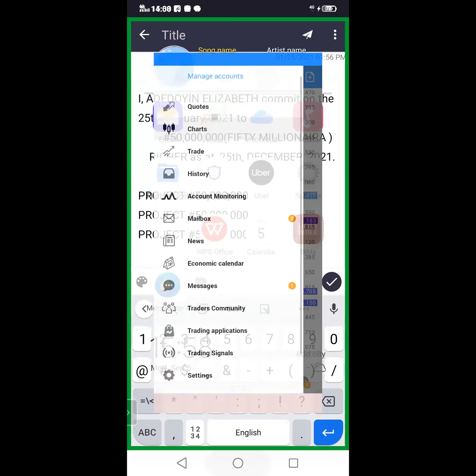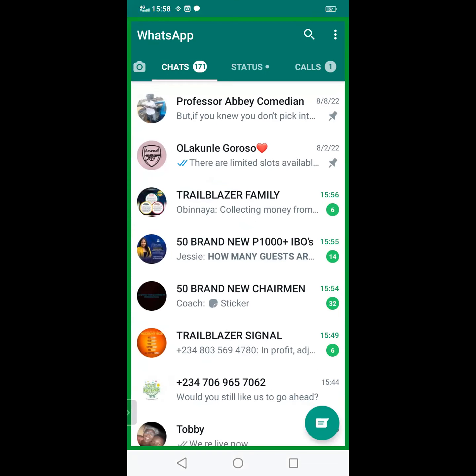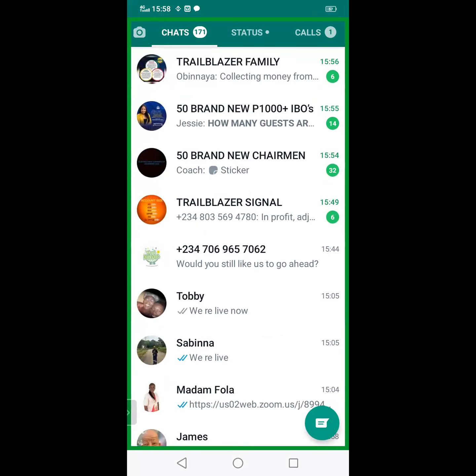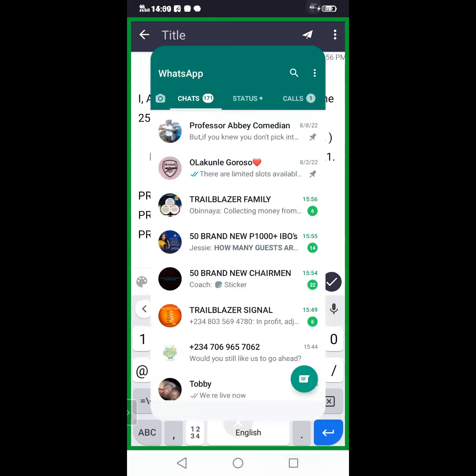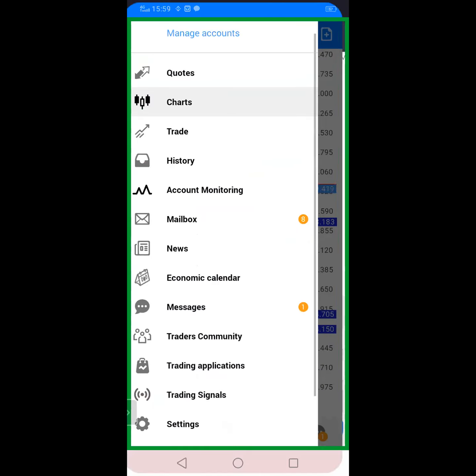Maybe it's my network. Is it better now? Yes. But it's still having this sound at the background. Okay, is it much better? Yes, I can hear you better now.